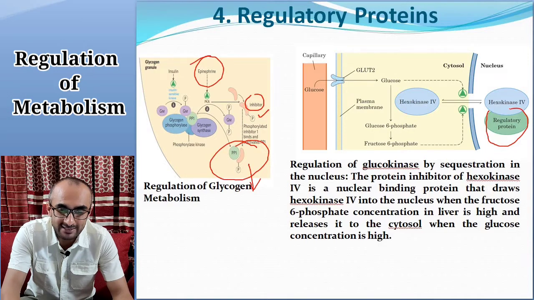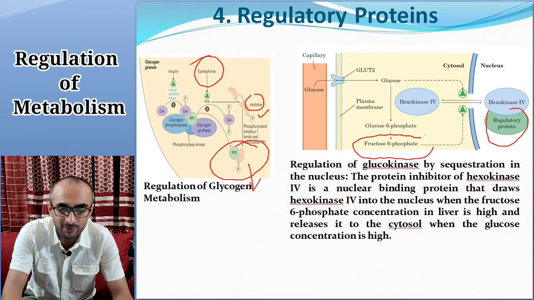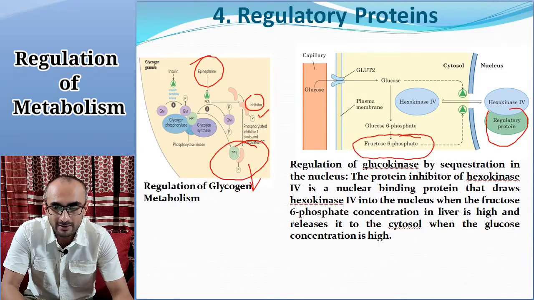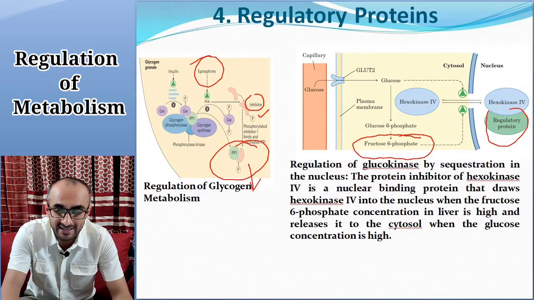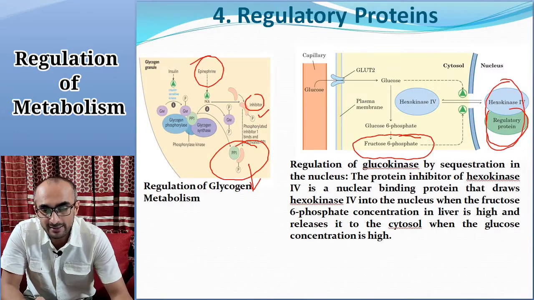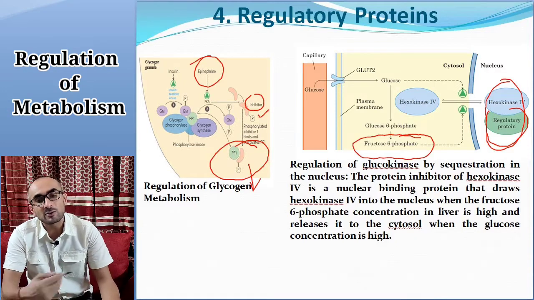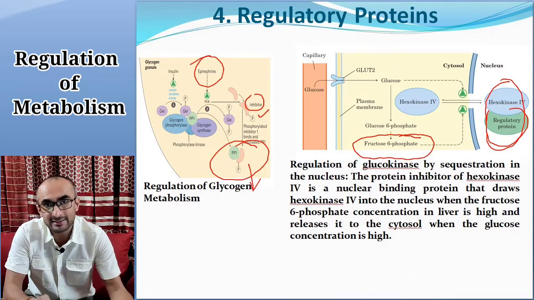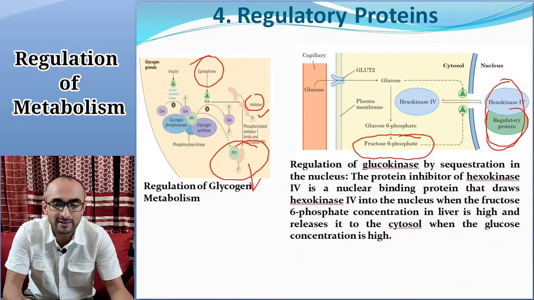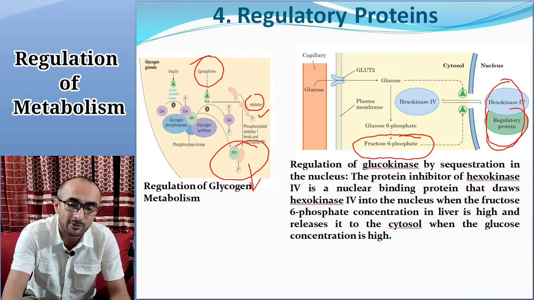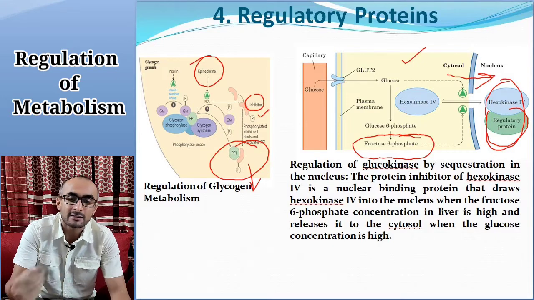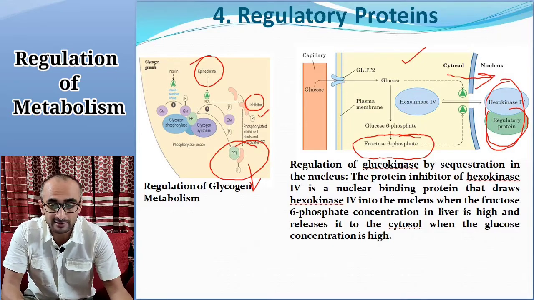The regulatory protein is activated by the concentration of fructose 6-phosphate, and when it's activated, it binds to hexokinase, forms a complex and transports hexokinase 4 to the nucleus. Because glycolysis is occurring inside the cytosol, when hexokinase 4 is not available in the cytosol, being transported to the nucleus, glycolysis is inhibited.